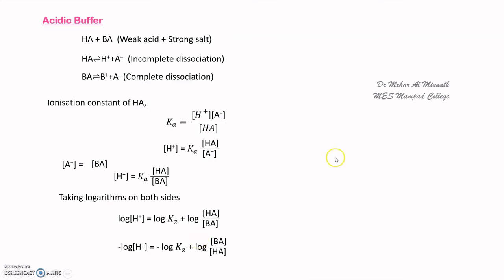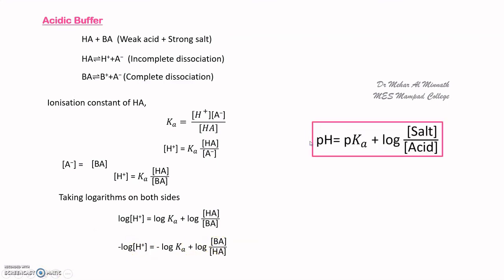We have taken the reciprocal of this term. Now we know that negative log H plus is nothing but pH and negative log Ka will be pKa. So we can rewrite this equation as pH equal to pKa plus log concentration of salt by concentration of acid. So this is the Henderson-Hasselbalch equation, or Henderson's equation, for acidic buffer.